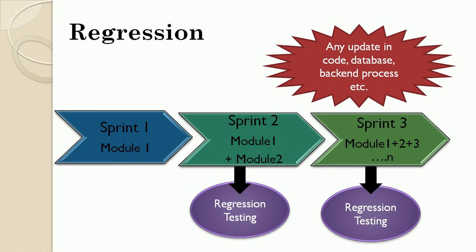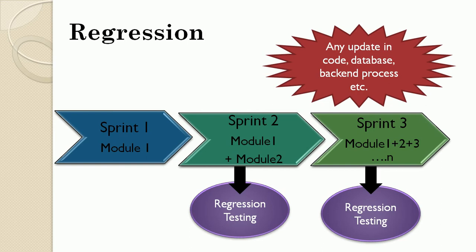The main objective of regression testing is to check that new code changes do not negatively impact the existing developed and tested functionalities of the software application. In regression testing, we test past test cases for their correctness. So whenever changes occur in the software application, regression testing is the best solution.